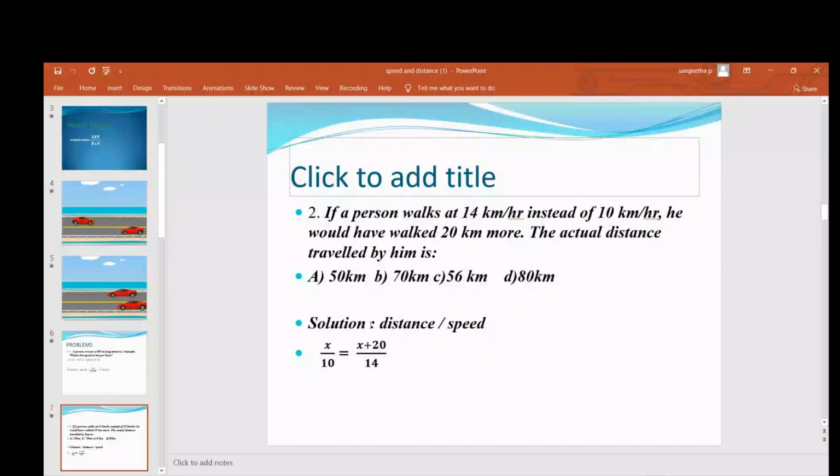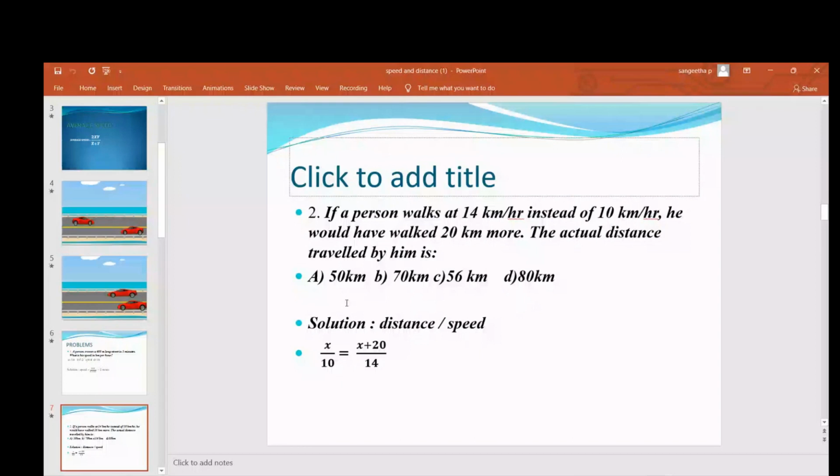On that particular day he increases his speed to 14 km per hour, so the distance covered is also more. He would have walked 20 km more. What is the actual distance traveled by him, that we have to calculate now.